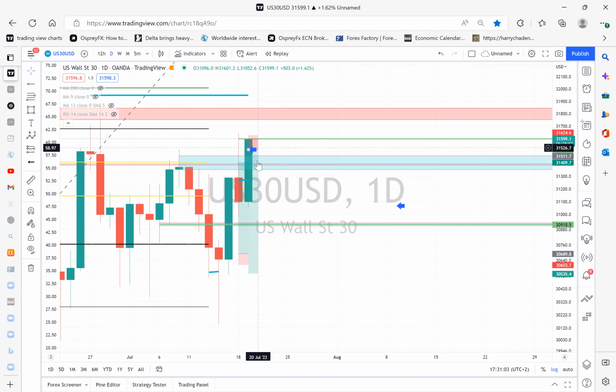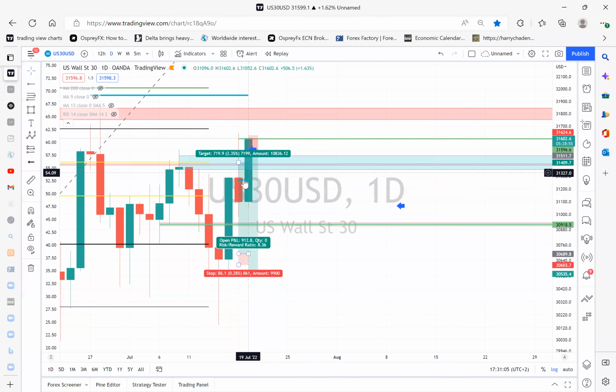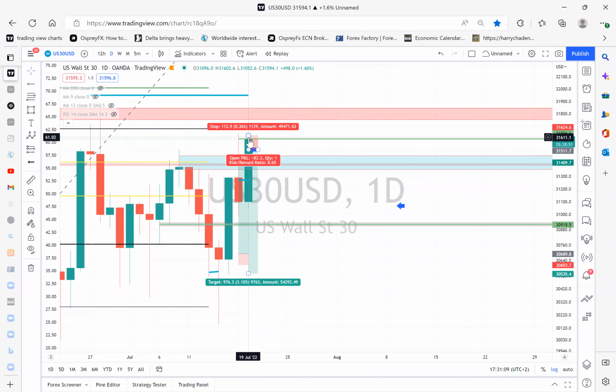So you're going to get a pullback either way, and it's kind of early to tell. I would have thought that this would have started selling by now, and it still may. The market doesn't operate on our time, but we need to see the wicks of this candle start to push down.